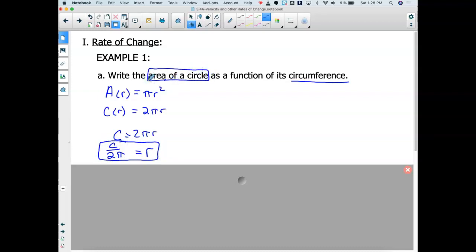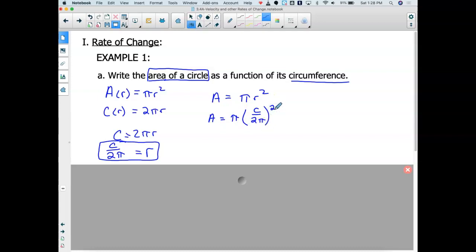I can take my area equaling pi r squared, and I can write it in terms of circumference because I know circumference is 2 pi r. If I solve for my radius in terms of circumference, I know my area will equal pi times the quantity circumference divided by 2 pi, squared.